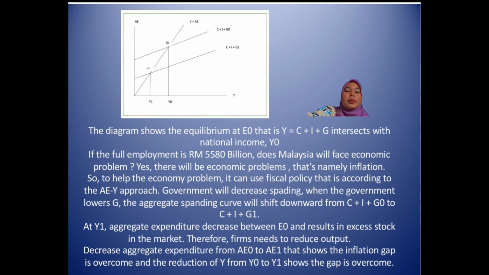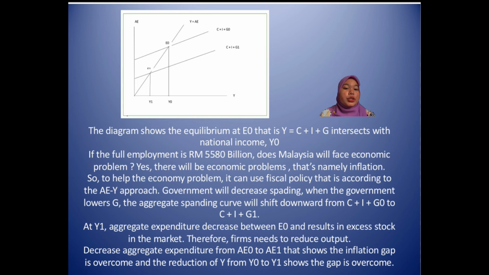To help the economy, the government can use fiscal policy according to the AE-Y approach: decrease in government spending. When the government lowers G, the aggregate expenditure curve will shift downward from C plus I plus G0 to C plus I plus G1. At Y1, aggregate expenditure decreases between E0 and A and results in excess stock in the market.